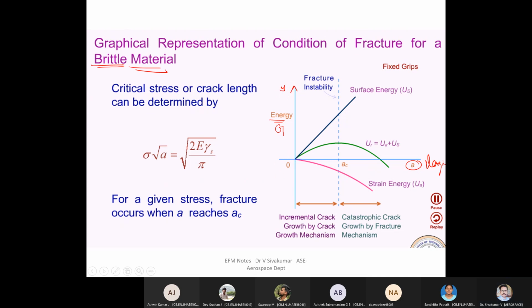Now you will have the surface energy. When the crack increases, your surface energy will increase because you are getting new surfaces. This is for fixed grips, that means constant displacement.